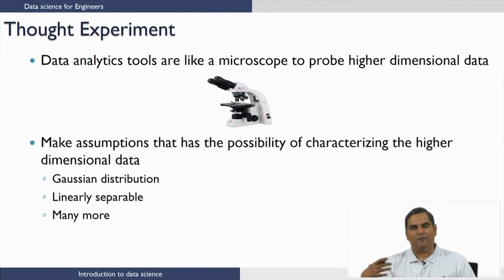To come up with a comprehensive set of assumptions is difficult, but let me explain some of the assumptions that are generally made. You could make the assumption that the data is actually random or data is generated from a random process, and you could make distribution assumptions such as its Gaussian distribution and so on.